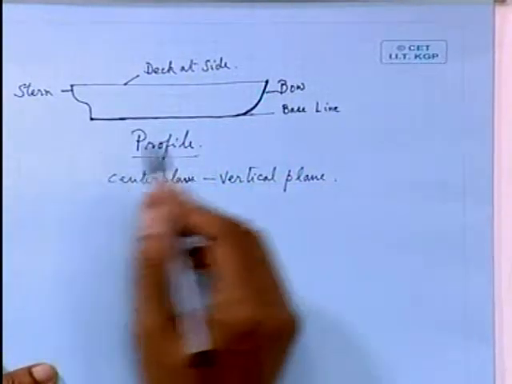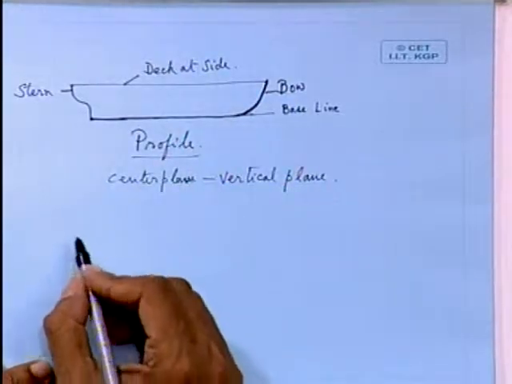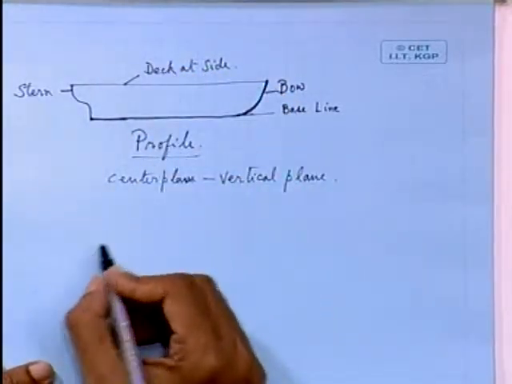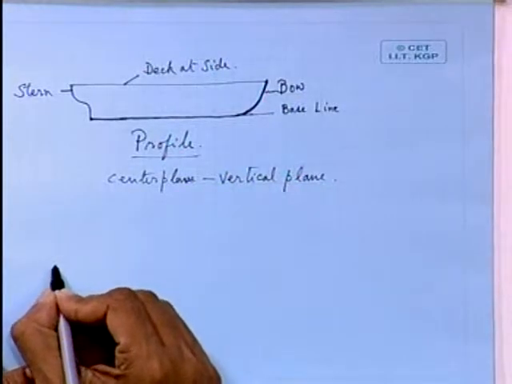So this will come on top, and just below the profile you draw another plan which is called the half breadth plan.